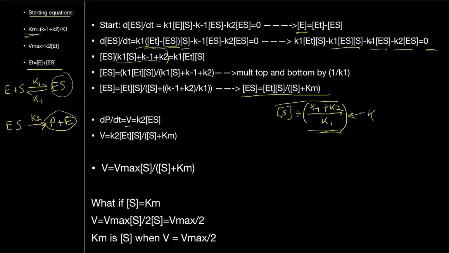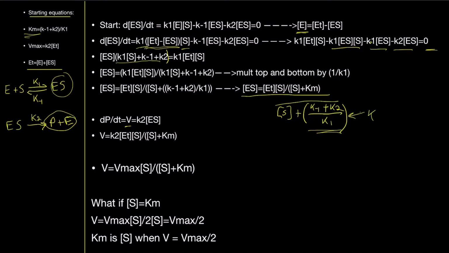Now that we have this equation for the enzyme substrate concentration, we plug that in. So we have the rate is equal to K2 times the total enzyme concentration times substrate concentration divided by our substrate concentration plus Km.